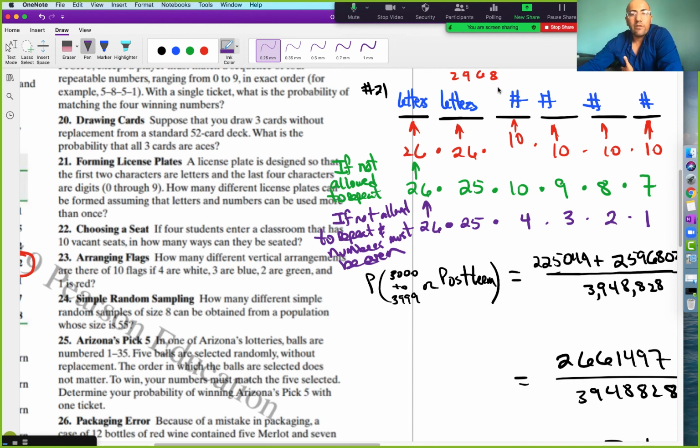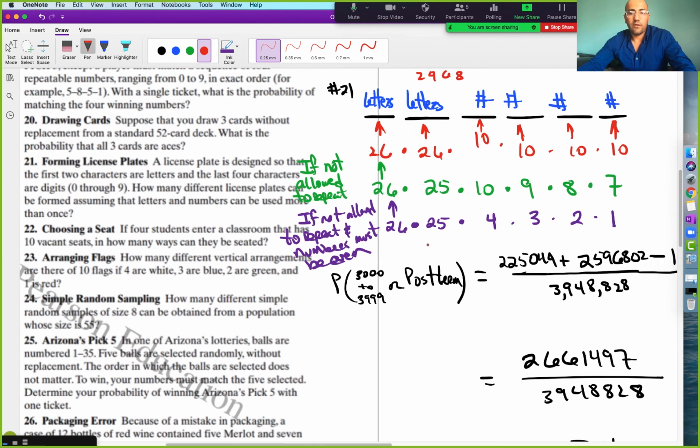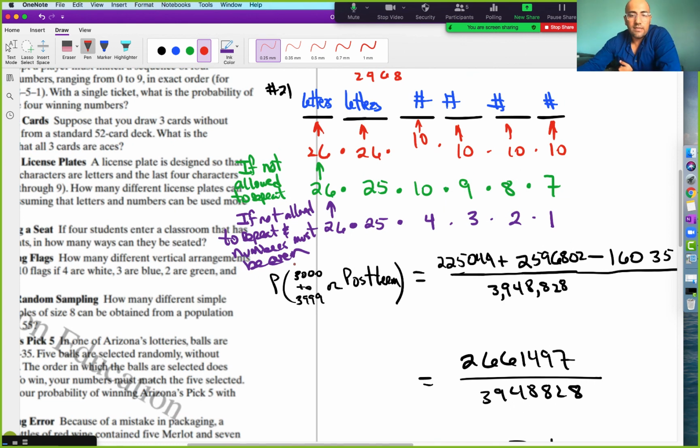Good. What if you were allowed to repeat? So repeating was allowed, but you still keep this idea that the last number must be even. Okay, so let's put a last little space here. So let's say in this case, you are allowed to repeat, but the numbers must be even.